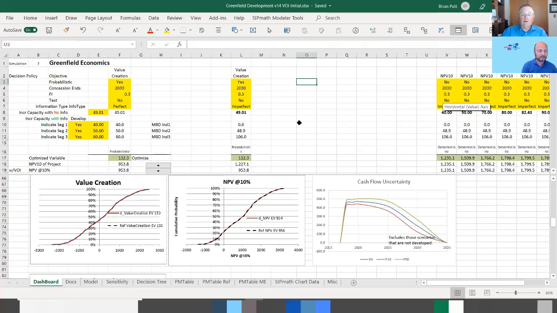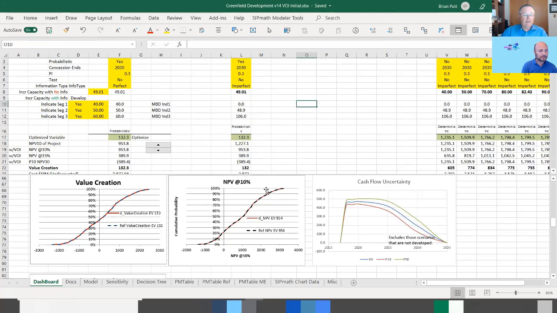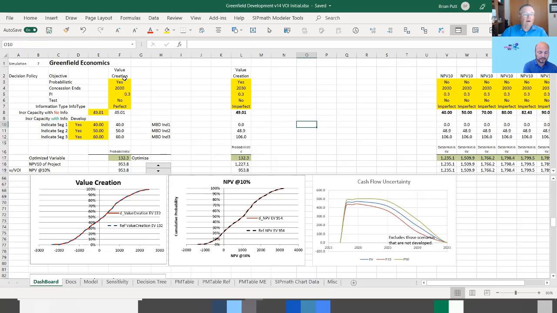All right, here we go. So this is the same dashboard. This goes down here a little bit. But what I've done is split my screen, so there's a couple of graphics here which I think are really important we'll look at so we can understand the value of information. And right now, the model is set up where I am probabilistic.